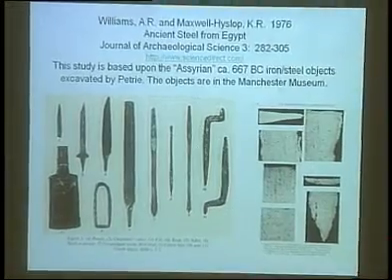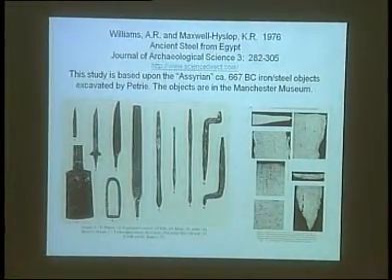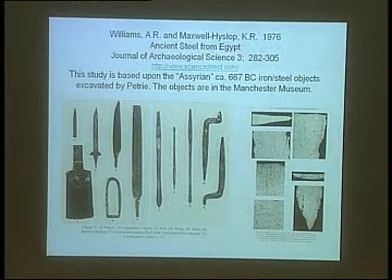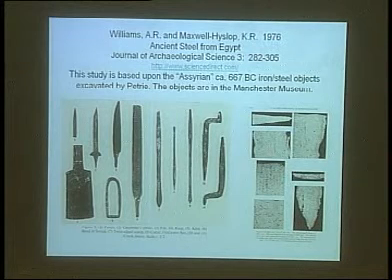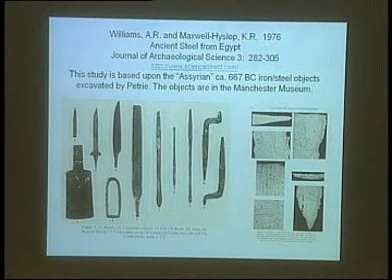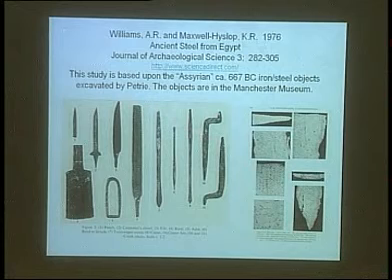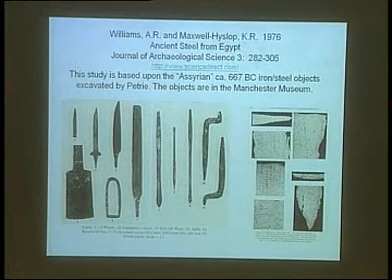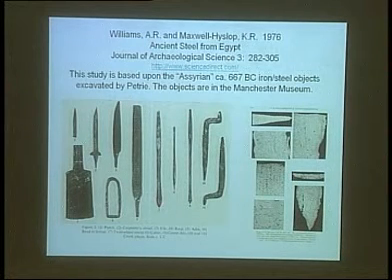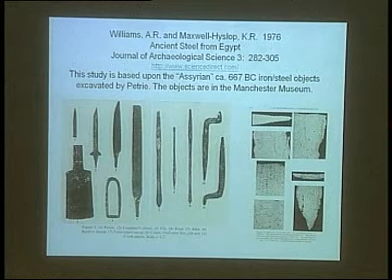So if we go back to Egypt again, what's the next step where they're producing maybe comparable material? Well, based on analyses by Alan Williams and Rachel Maxwell-Hyslop on some of the Assyrian period iron objects, these are showing some of the characteristics that we're also seeing for very early iron objects.